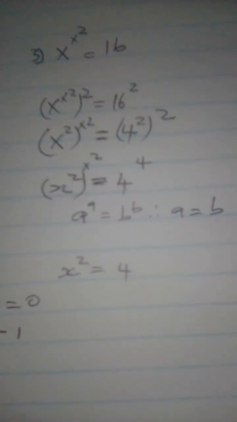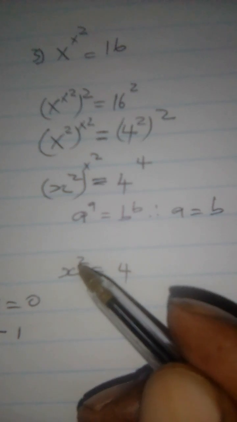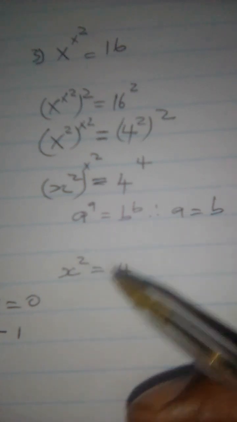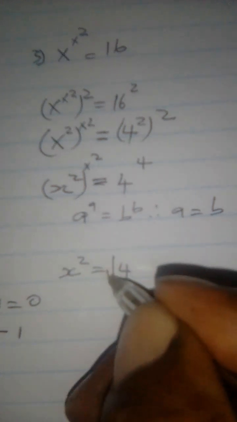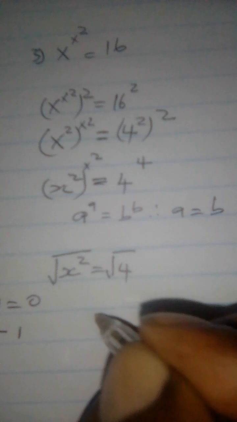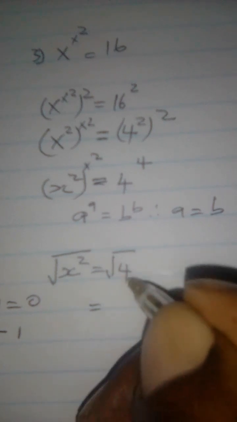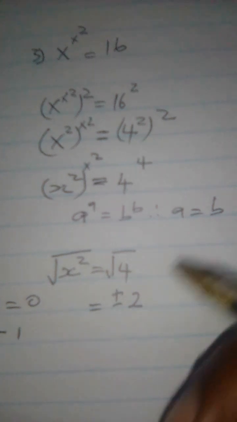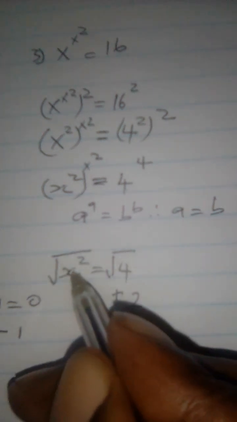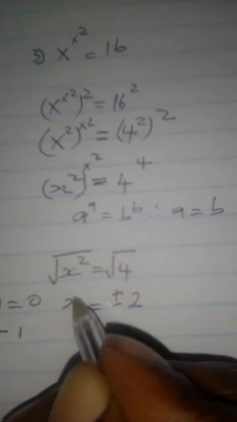So to remove the square sign, we're going to introduce the square root. So the square root of x squared on the left hand side and the square root of 4. So the square root of 4 is going to be plus or minus 2. And the square root of x squared is x.